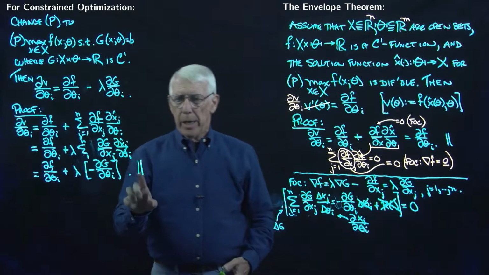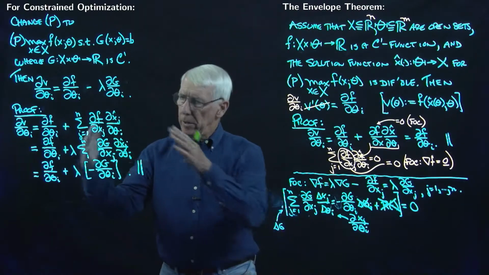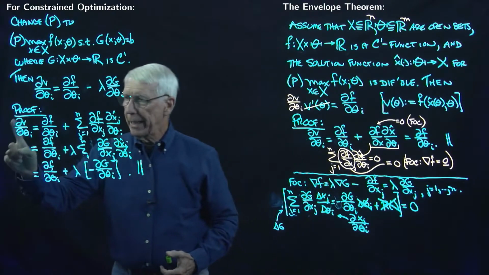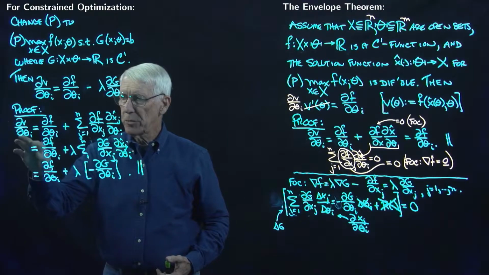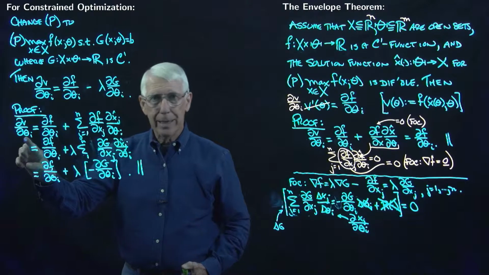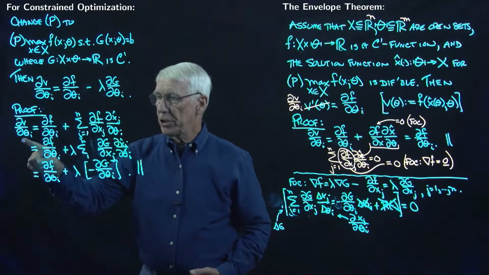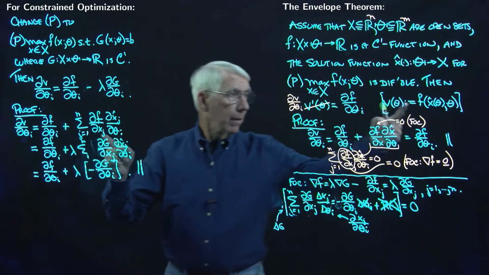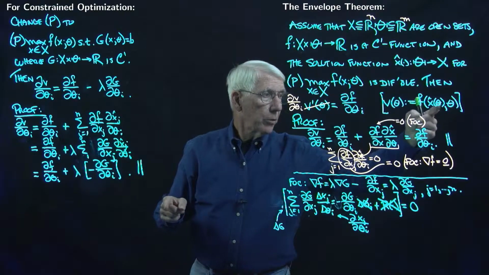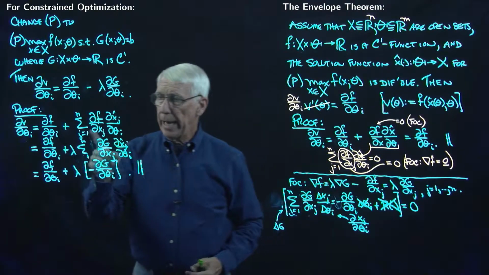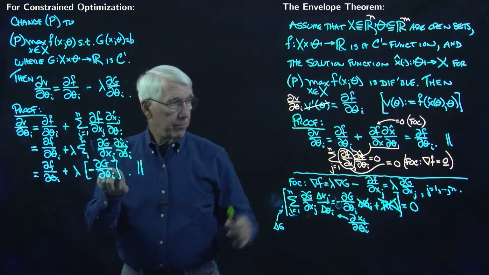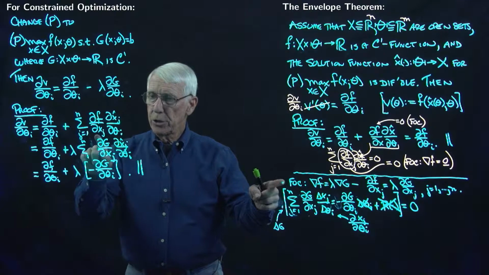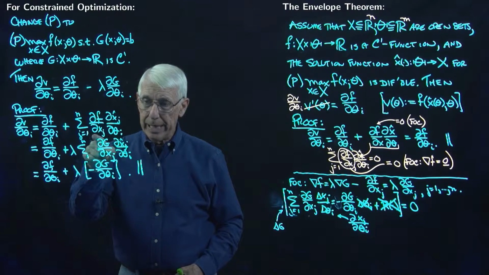So it turns out that the method of proof, the approach, is really the same as over here. We take the derivative of the value function with respect to theta, the parameter, which is changing, and we have to take that through here. So we're using the chain rule here. And by doing that, we then apply the first order condition to the derivatives that we get.